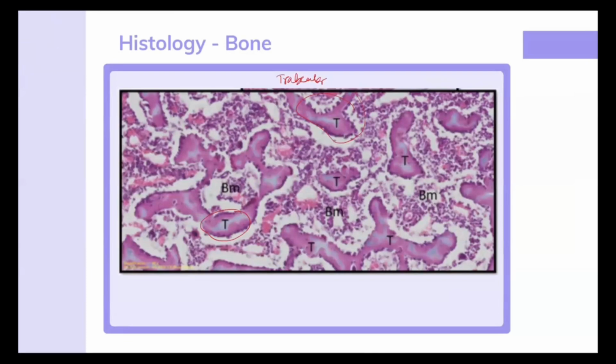Most definitely it won't be labeled on the actual exam, but you'll be able to tell. These are the bone marrow cavities, and again, pretty simple, very basic characteristic features. These don't really have much of a function question, but they do have a structure and location question. So the question would be what this is, trabecular bone, with histological features of trabeculae and bone marrow.